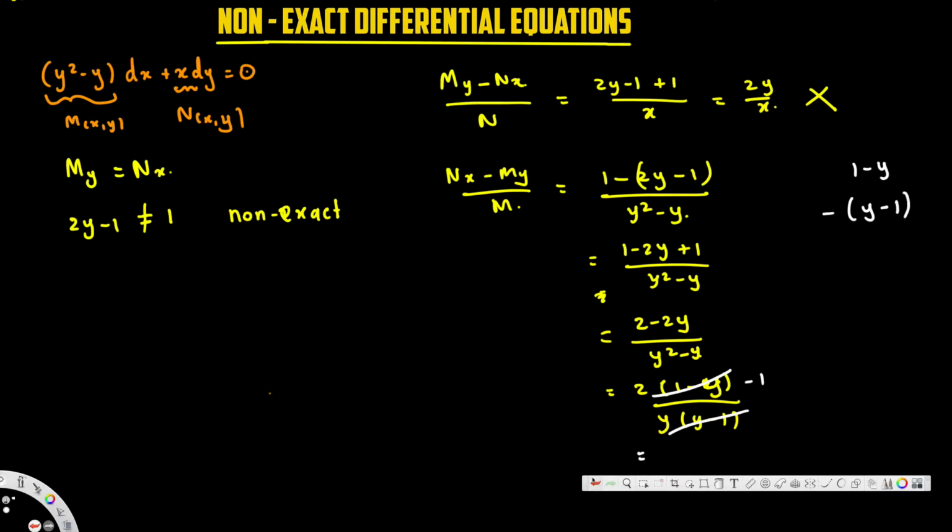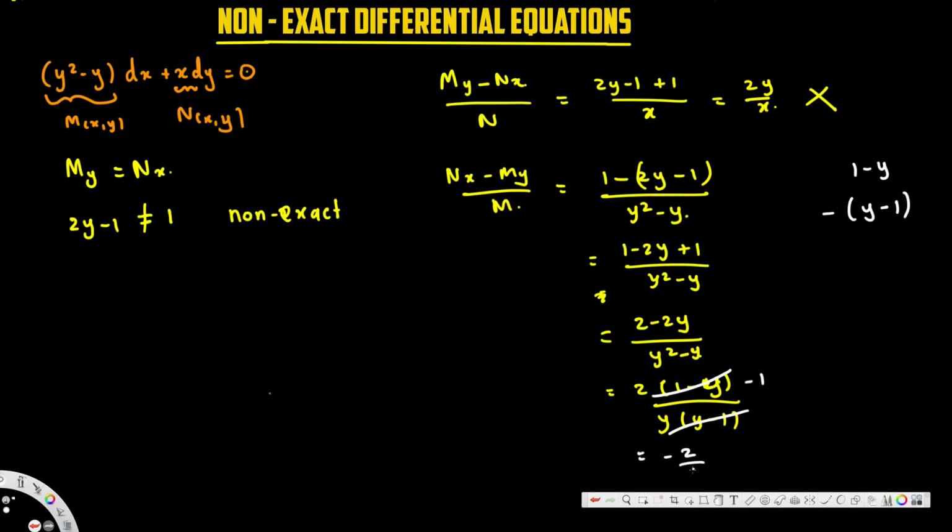So from this we get minus 2 over y. Here we have y alone, so we can use this term to find the integrating factor. We have to check these two. If I check this one and get x alone, I can use that, but since I got a y, I cannot use this one. Here we got y alone, so we can use this one and find the integrating factor.